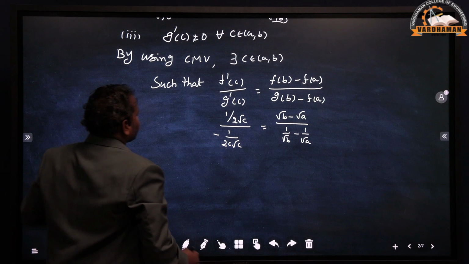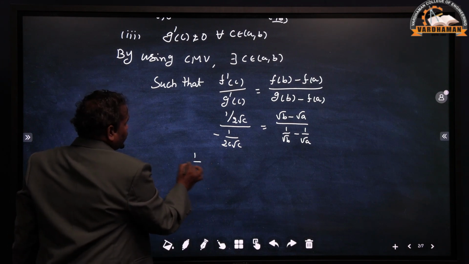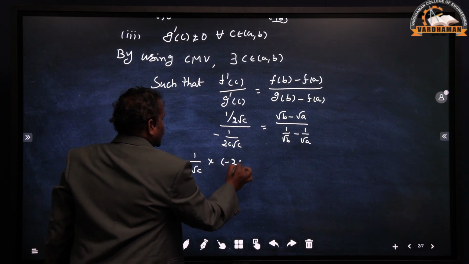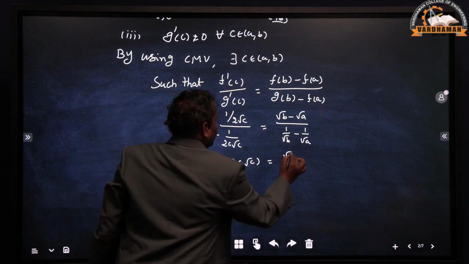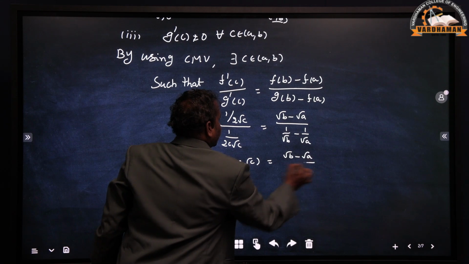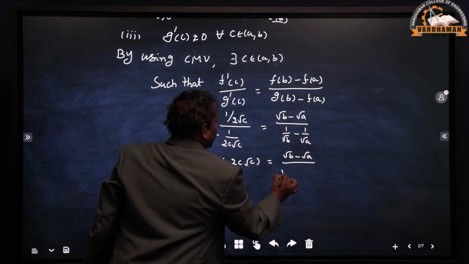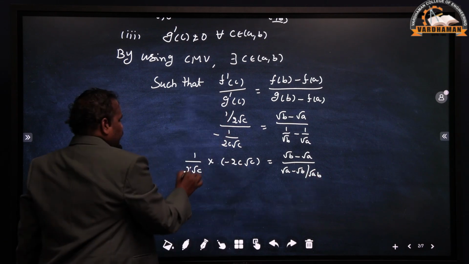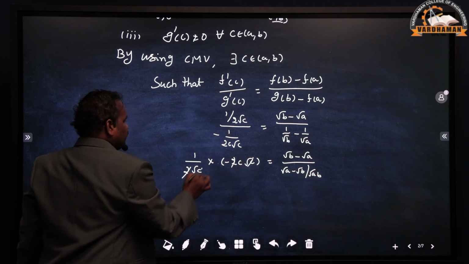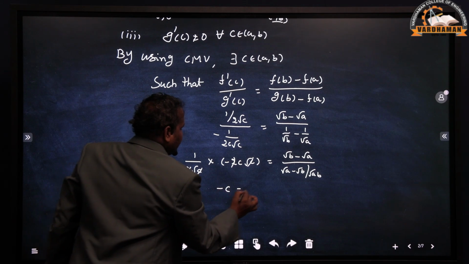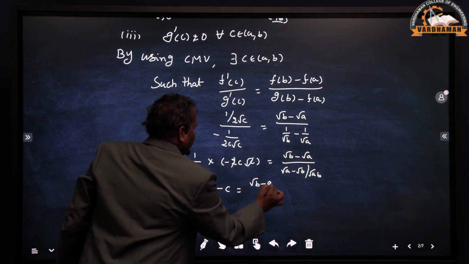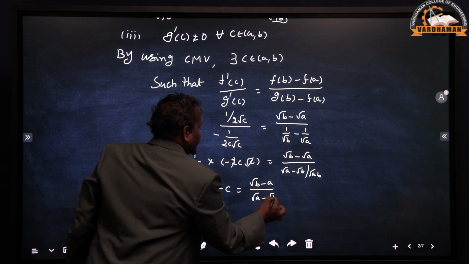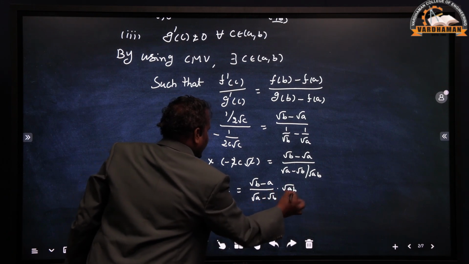Simplify this: 1 by 2 root c into minus 2c root c equals root b minus root a by, taking the LCM here, root a minus root b by root ab. Here 2 cancels, root c cancels, minus c is equal to root b minus root a by root a minus root b into root ab.